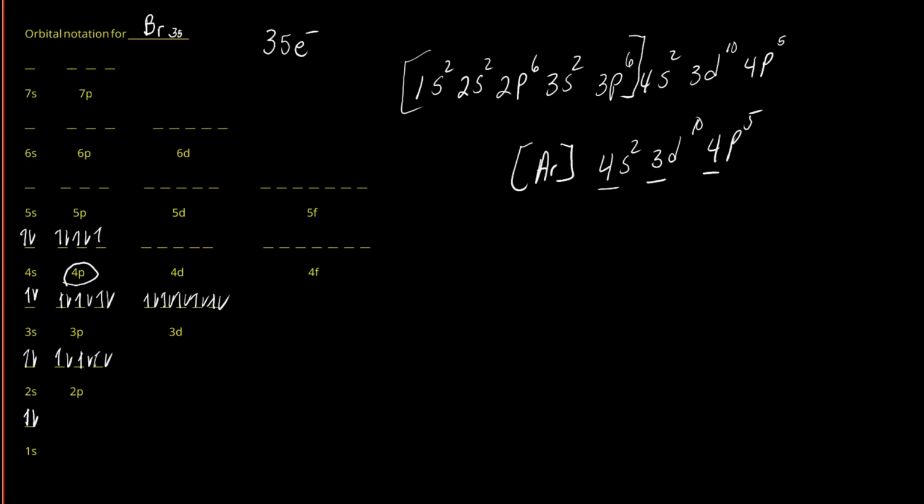Since 3 is smaller than 4, the accepted method will be argon, 3d10, 4s2, 4p5. Since this has 7 electrons in the outer shell, you know it's going to be a very reactive nonmetal based on the electron configuration.